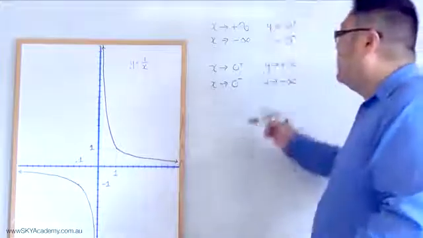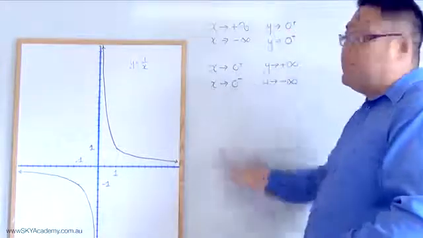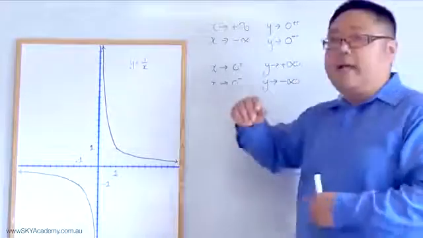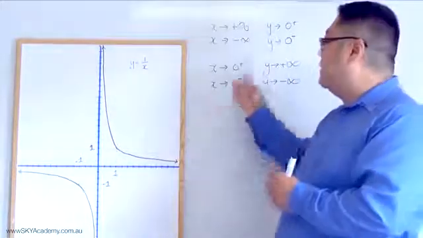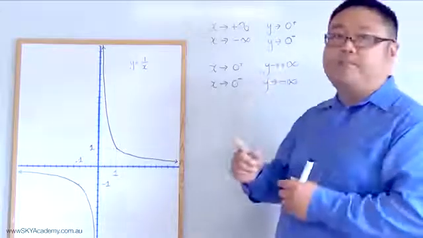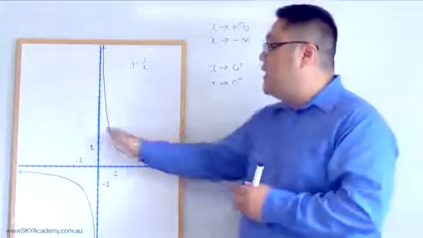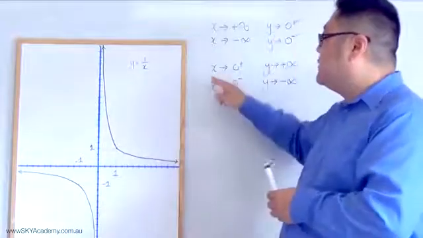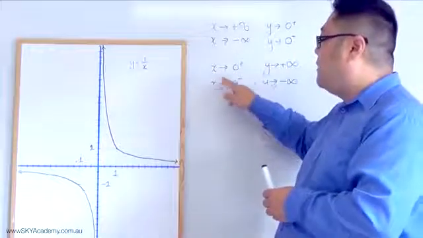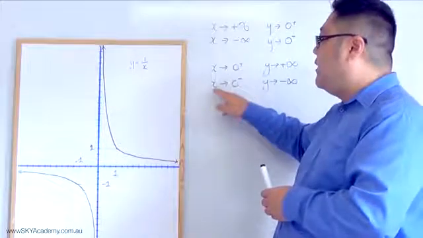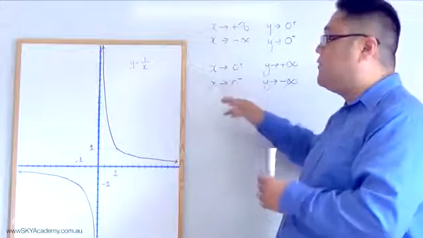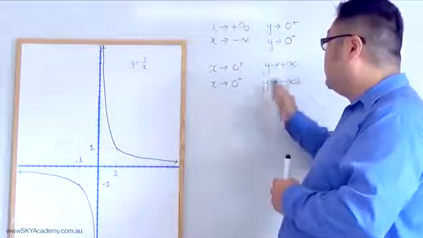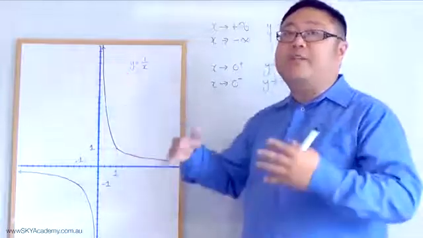The key thing is that y is not going to be equal at any point to these infinite numbers, and it's not even going to be equal to 0, even though it approaches 0. As x approaches 0 from the right and from the left, y is going to approach infinity. But is it ever going to reach infinity?